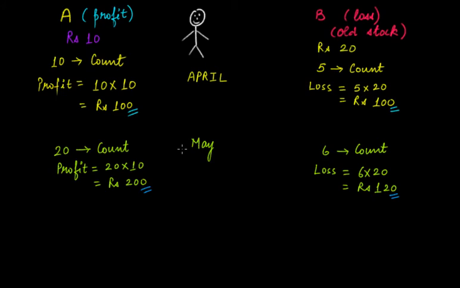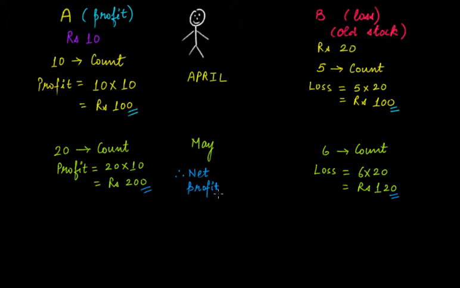You sold item A, you made a profit of rupees 200. You sold item B, you are in loss of rupees 120, but rupees 200 is greater than rupees 120. Therefore, in this month of May, there is net profit. Why net profit? Because your profit of A is more than the loss of B.